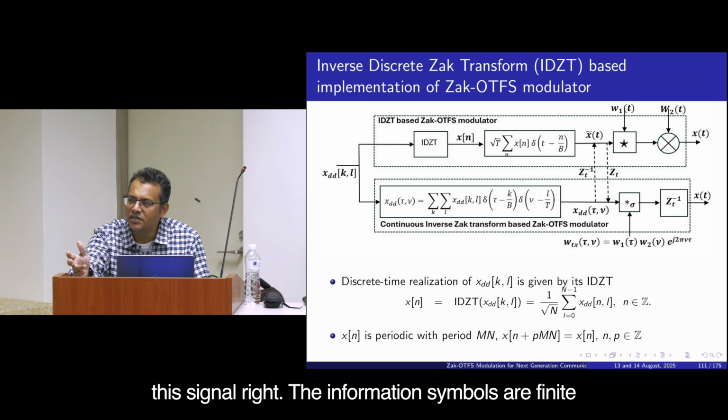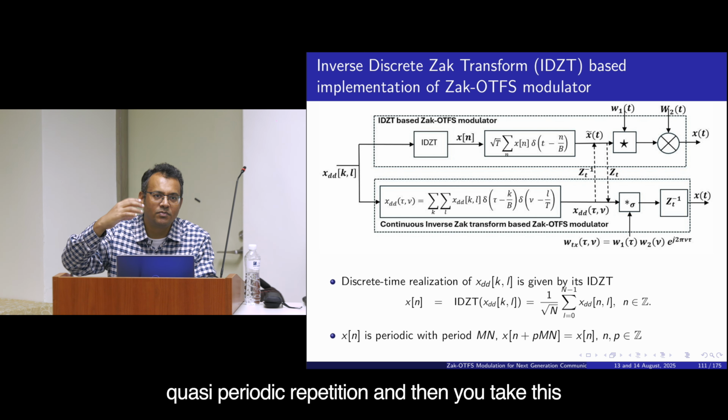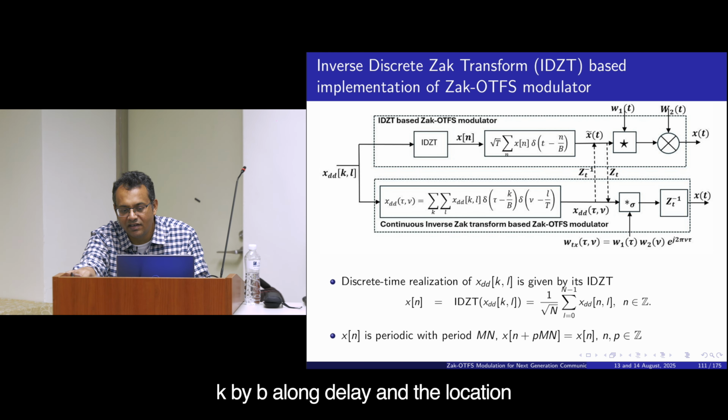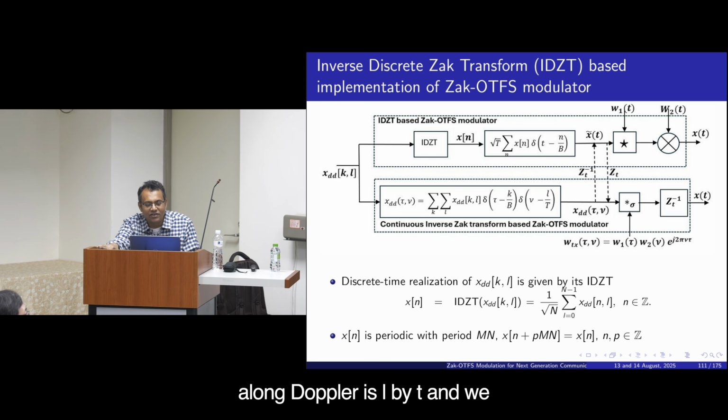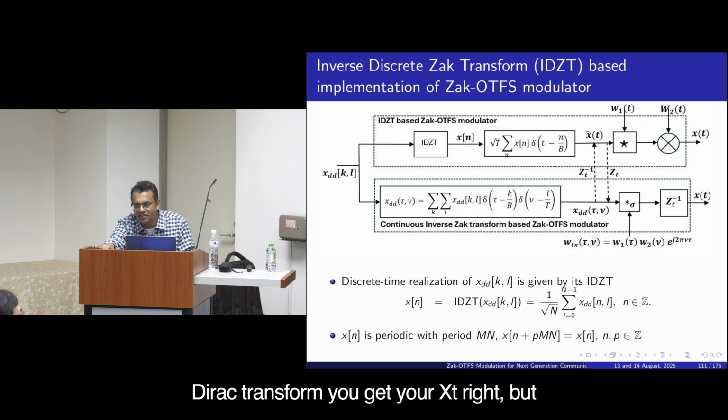The information symbols are finite, M times N, but for this signal, k and l go from minus infinity to plus infinity because of the quasi-periodic repetition. You mount it onto Dirac deltas: the k, l-th symbol is put on a Dirac delta at k by B along delay, and the location along Doppler is l by T. And you have this signal xdd of tau, nu. Then we do the pulse shaping, if you remember, and take the inverse Zak transform, and you get your xt.